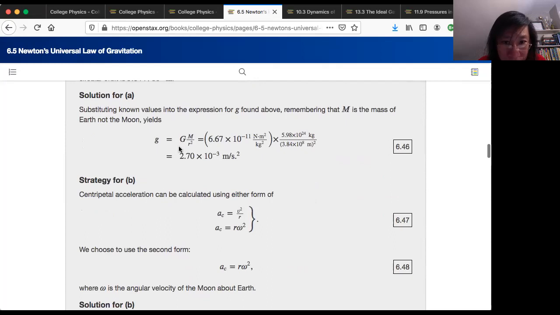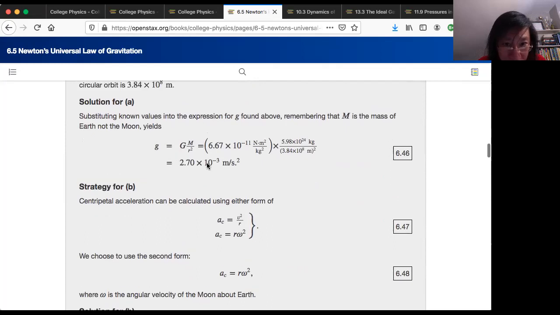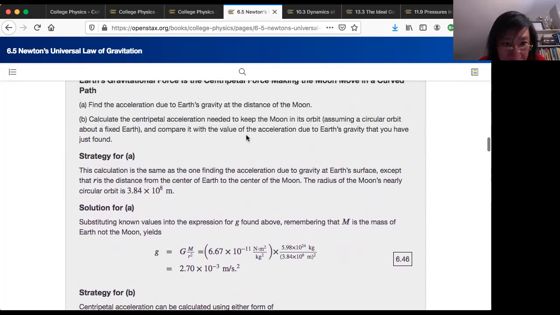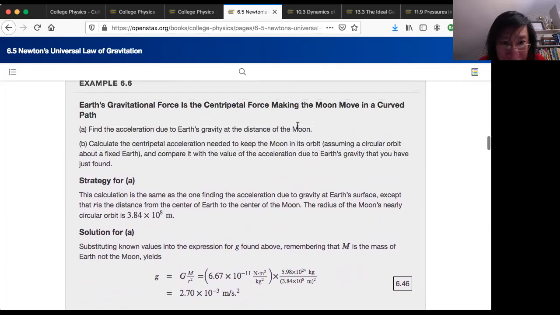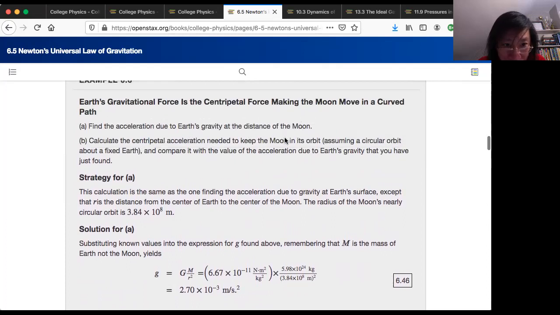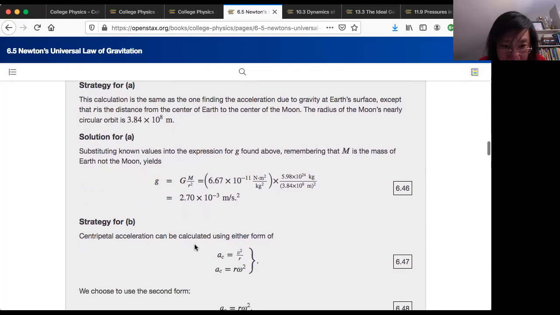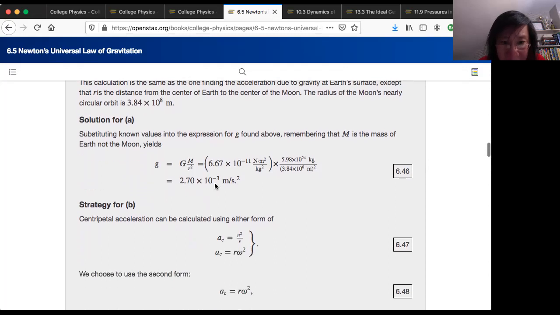But look, you can figure out the expression of the acceleration due to gravity at Earth's surface, except it's not Earth, it's the moon. And what is the acceleration that we're talking about using the distance of the Earth to the moon, which is this many meters, and the mass of the Earth, which is that many kilograms. So actually the acceleration that the Earth has on the moon is tiny.